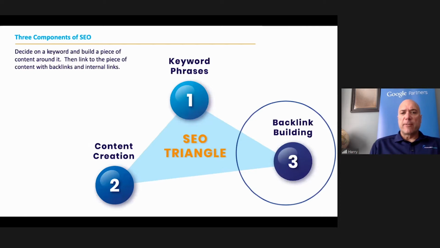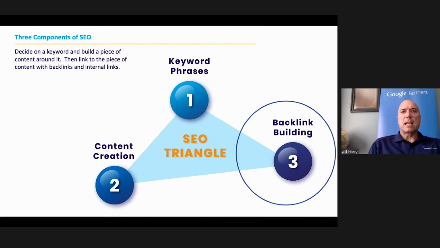We've seen this in the first two webinars, which is our triangle of SEO. And this is really just the summary of how SEO works. You pick a key phrase or a closely related set of key phrases, build a piece of content around that key phrase idea, and that could be a blog post or a page on your website, and then point links to it.